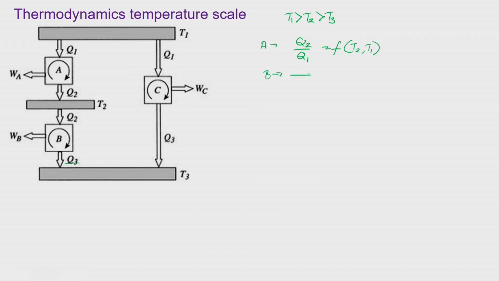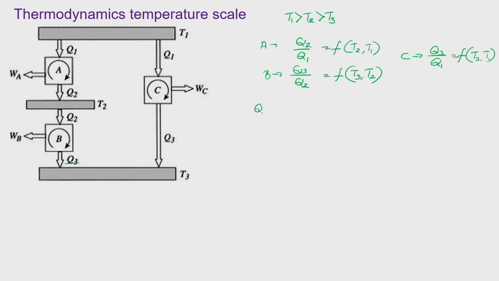For engine B similarly, heat rejected is Q3, heat added is Q2, that has to be a function of T3 and T2. And for engine C, which is working between T1 and T3, heat rejection Q3 by heat addition Q1 has to be a function of T3 and T1, is it not?